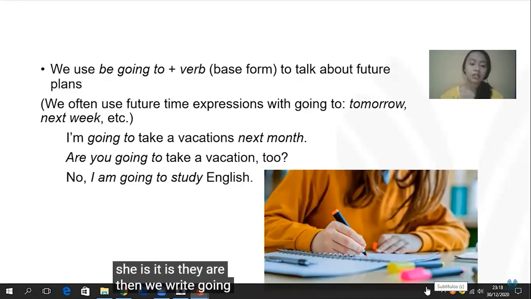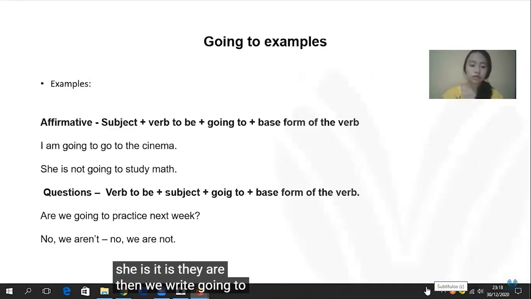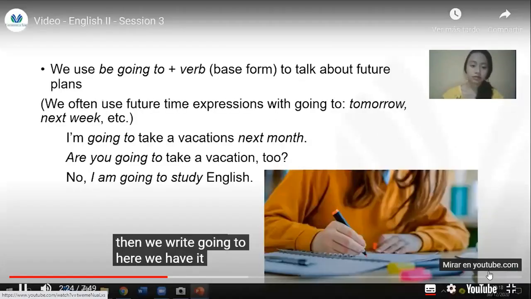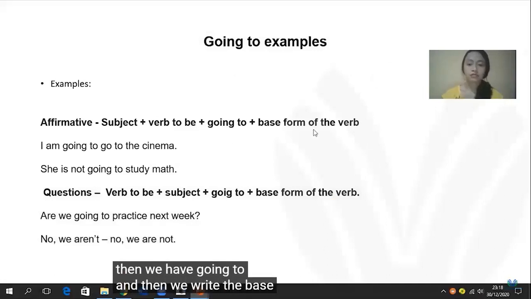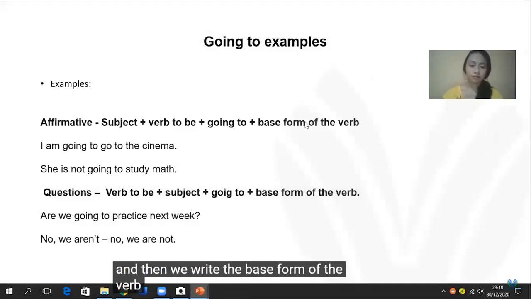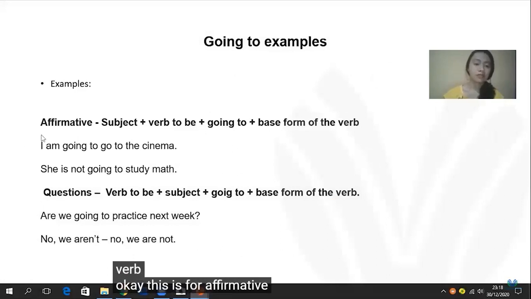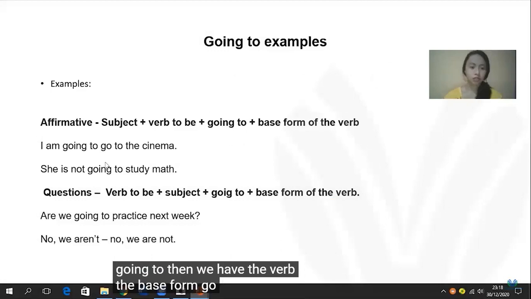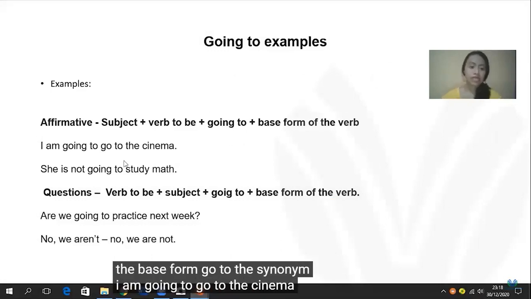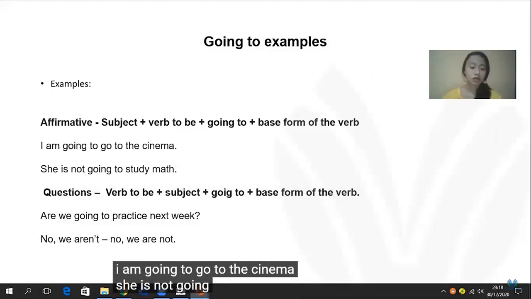Then we write going to, here we have it. Then we have going to, and then we write the base form of the verb. Okay, this is for affirmative. I am going to, then we have the verb base form go to the cinema. I am going to go to the cinema. She is not going to the cinema.